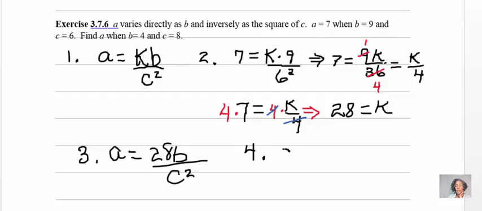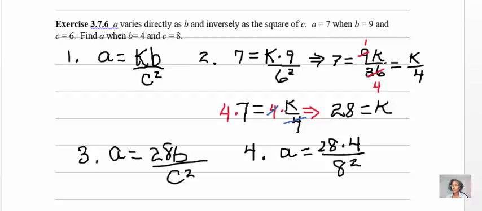So it's A I want to find, and I know B is 4 and C is 8. I think I said 6. I was looking over here. But I want to find A when B is 4 and C is 8. And don't forget, the formula clearly says you have to square your C.